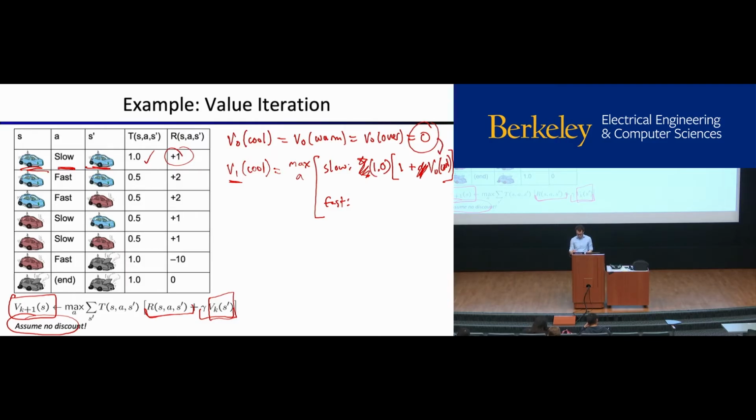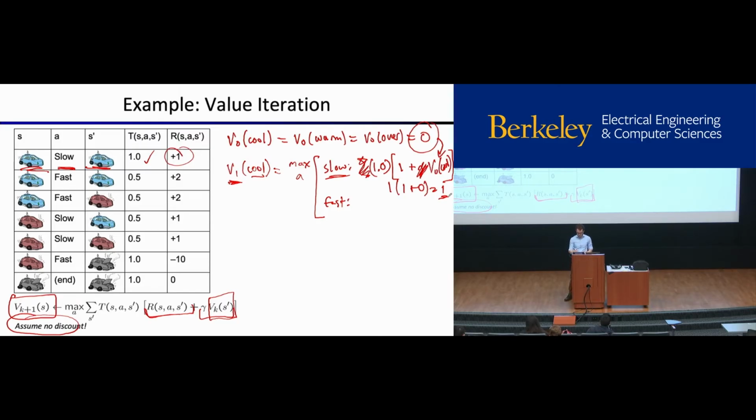So we just put this 0 in here, and now we have 1 times 1 plus 0 is 1. That's the value of taking the action slow from the cool state for one step. Right? So this is V1 of cool in the path where we take the slow action, and we've just computed the value there. We have to think about the max over all the actions.